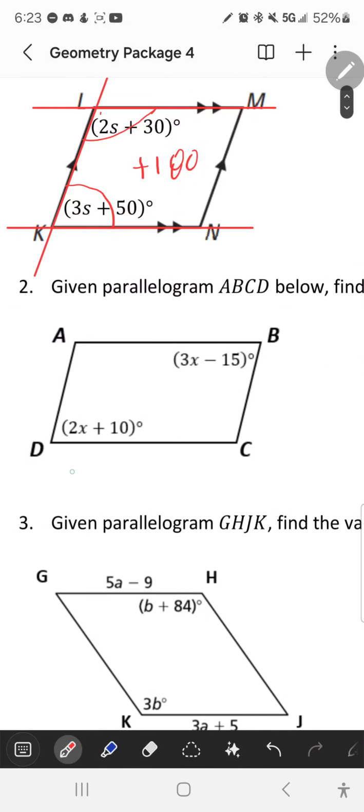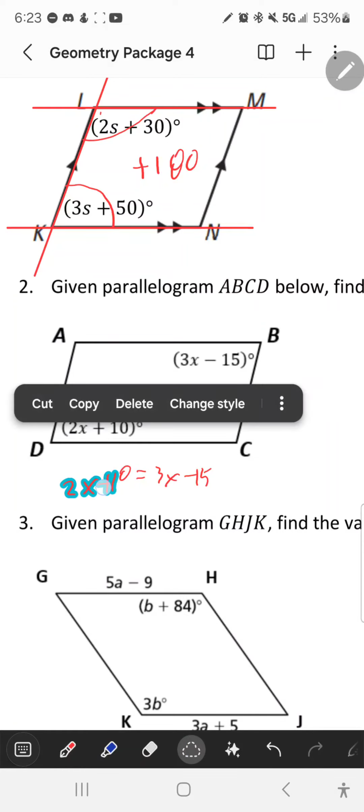So if they are equal, I can say that 2x plus 10 equals 3x minus 15, or vice versa, so it's easier to work with.